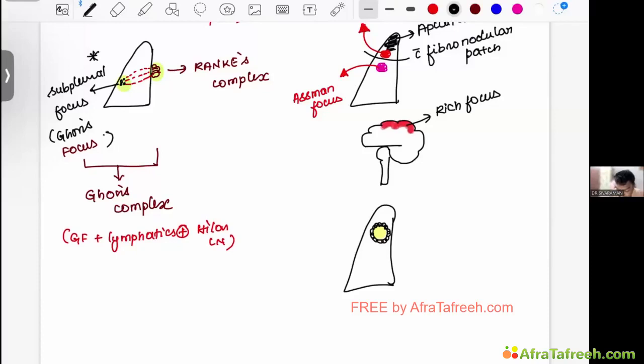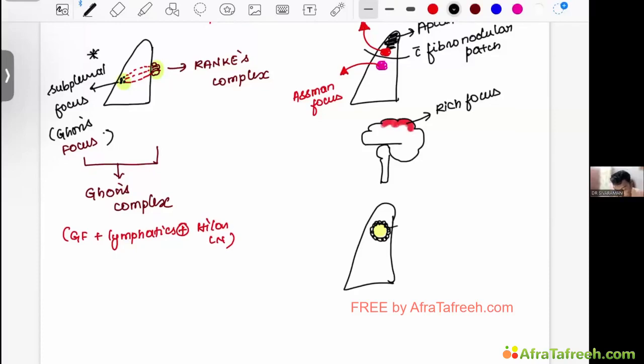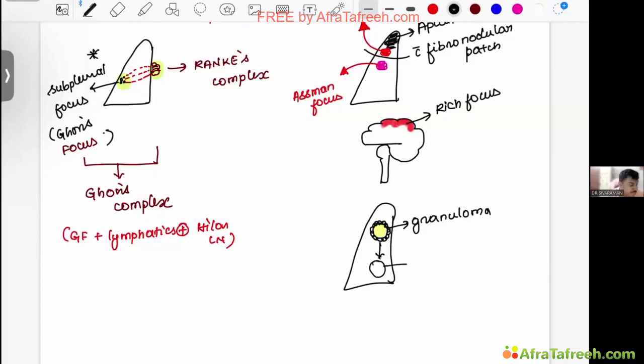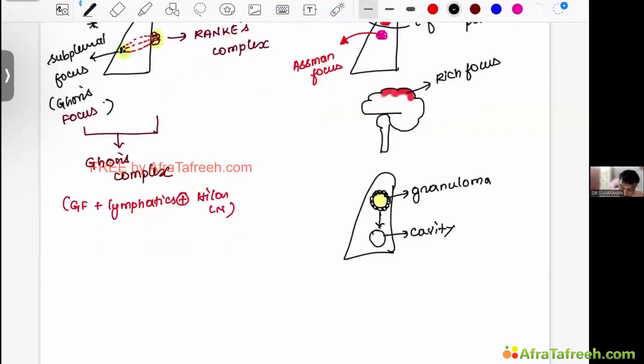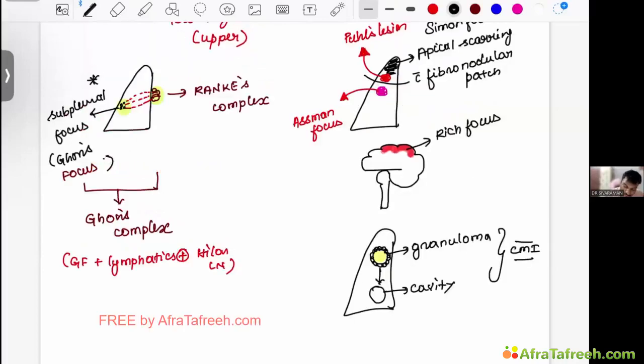Sometimes this granuloma ruptures, the caseous material is taken out, and you will have a cavity. This is because of cell-mediated immunity, the immune response.